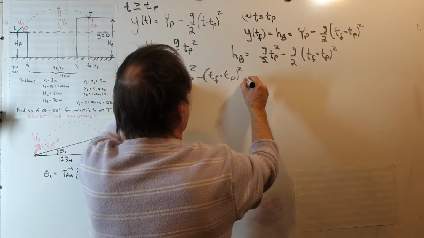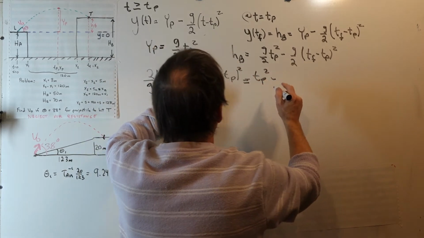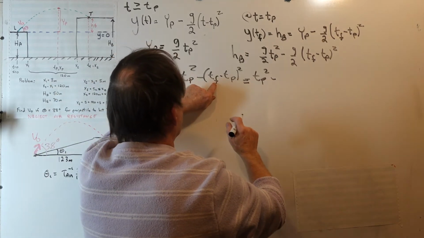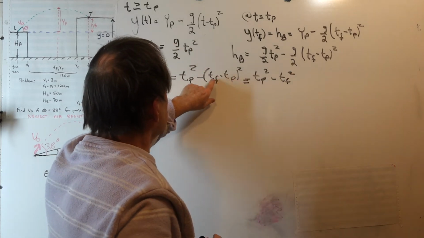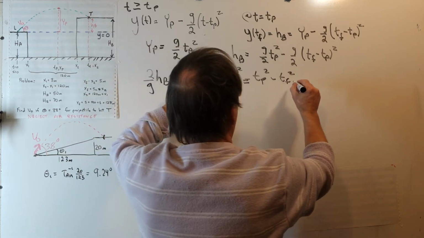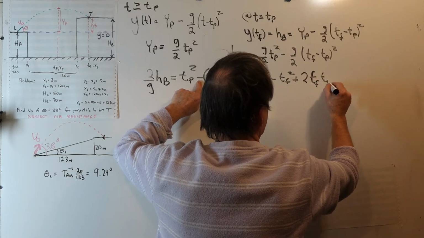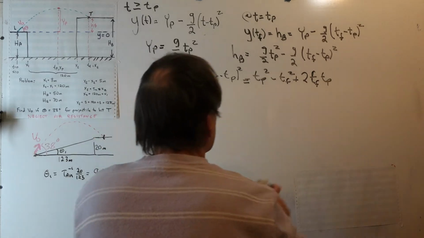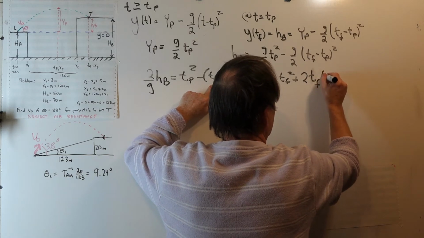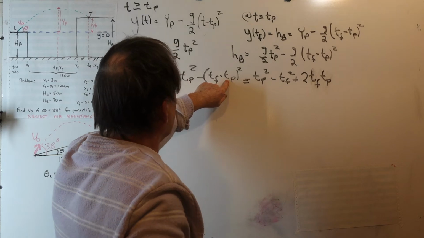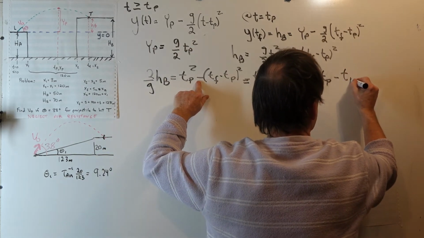We expand this out, so we've got t peak squared minus, well, expanding this out, t final squared, so we have a minus t final squared, and then we have minus twice the cross product here with a minus sign, so it's plus twice t final t peak, and then a minus t peak squared, which is a plus, and so we subtract that off, so we have minus t peak squared.